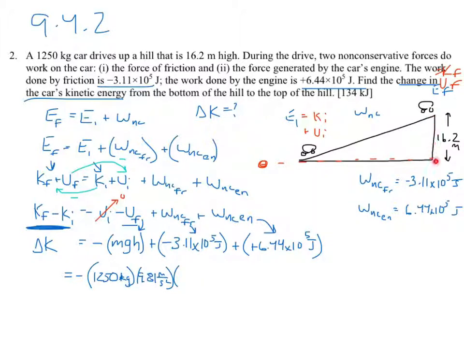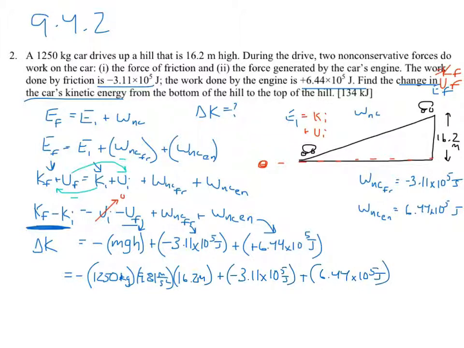Well, the car rises through a height of 16.2 meters. Okay, so that's a minus out front. Can't forget the minus. Plus negative 3.11 times 10 to the 5th joules, plus a positive 6.44 times 10 to the 5th joules.